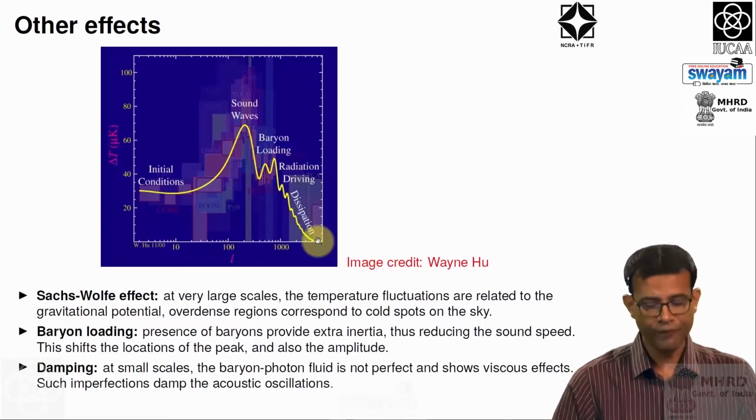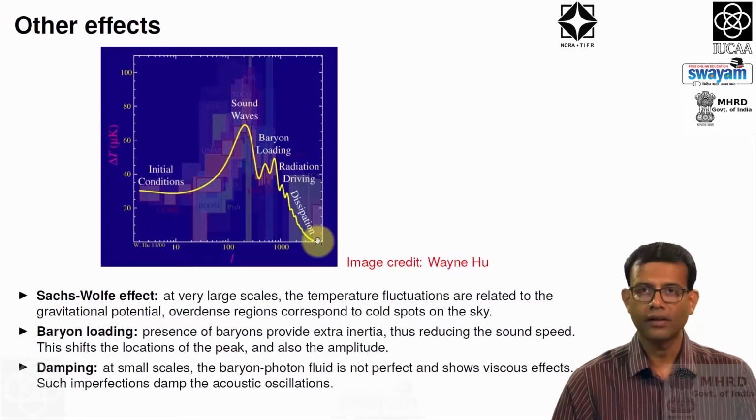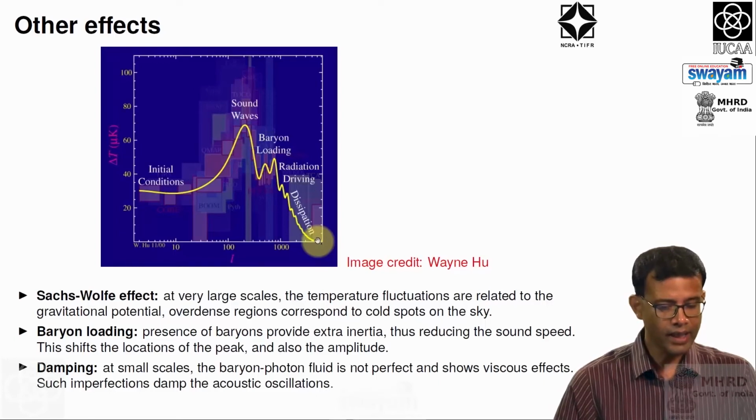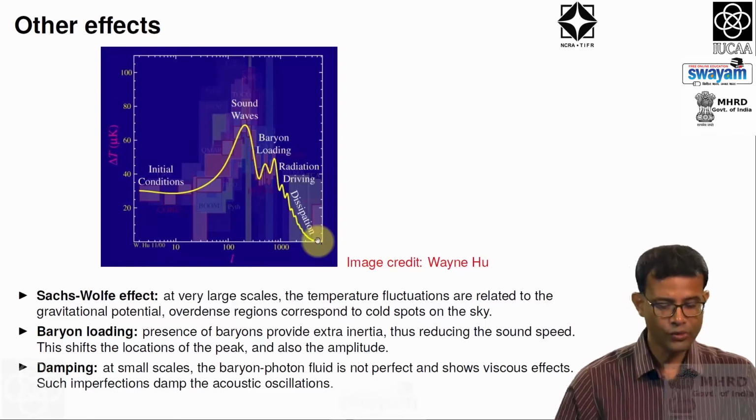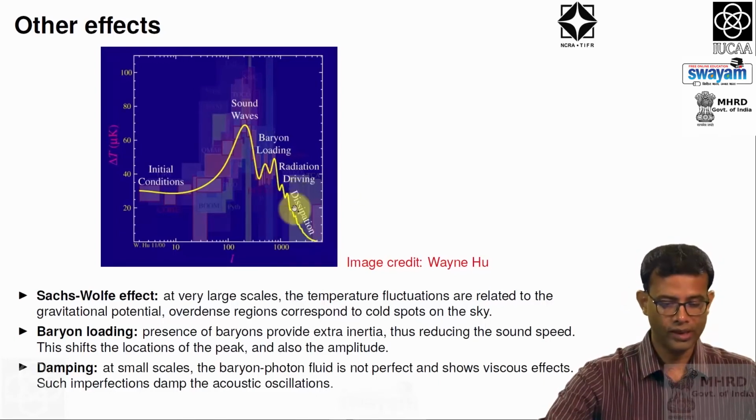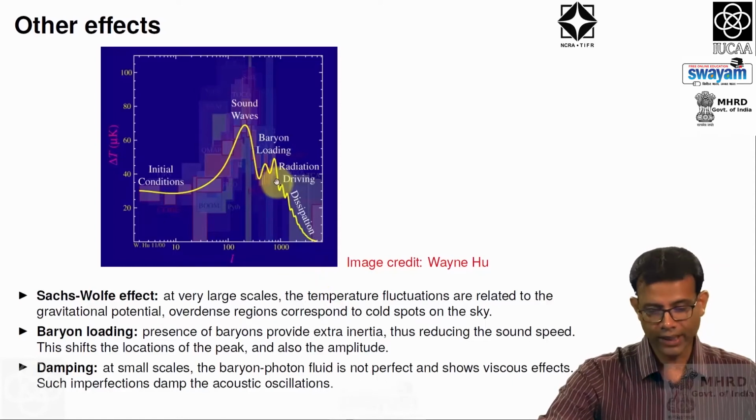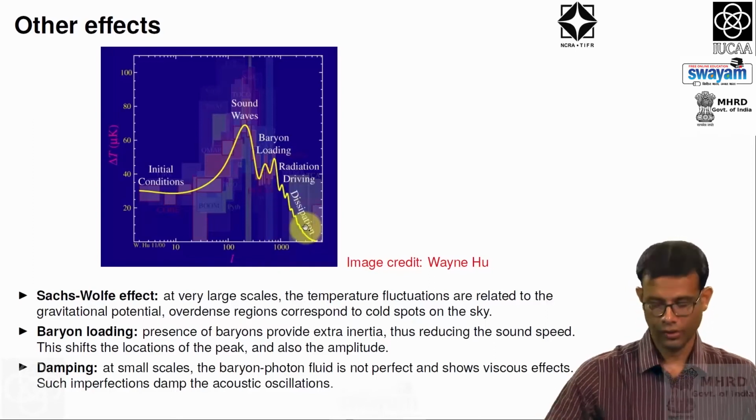However, it is not a perfect fluid, but it shows imperfections like viscosity and so on. So, the effect of such imperfections is to damp the acoustic oscillations, and they are prominent at rather small scales. So, you can see the CLs actually die down quite fast as you go beyond L's of thousands or so.